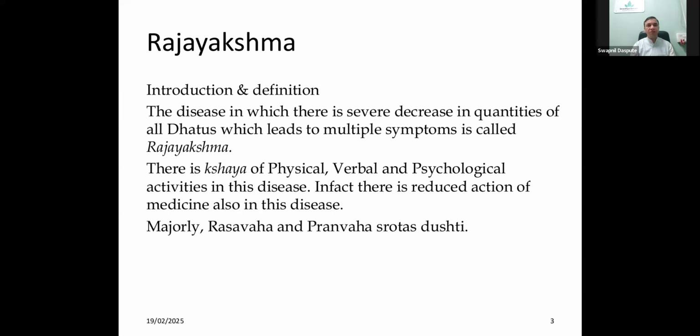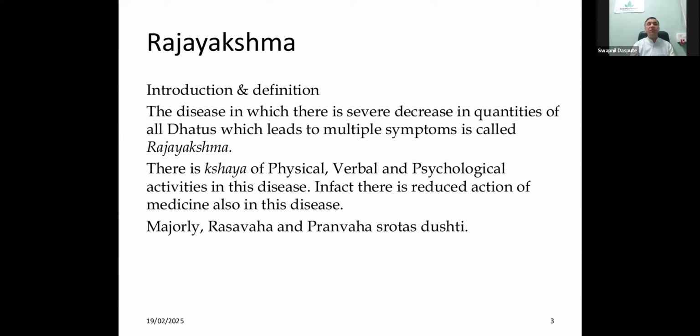Manasik is related to the mana or manas, mind, and which is the psychological activities. So, there is kshaya, reduction or decrease in physical activity, the verbal activity, and the psychological activity in this disease.